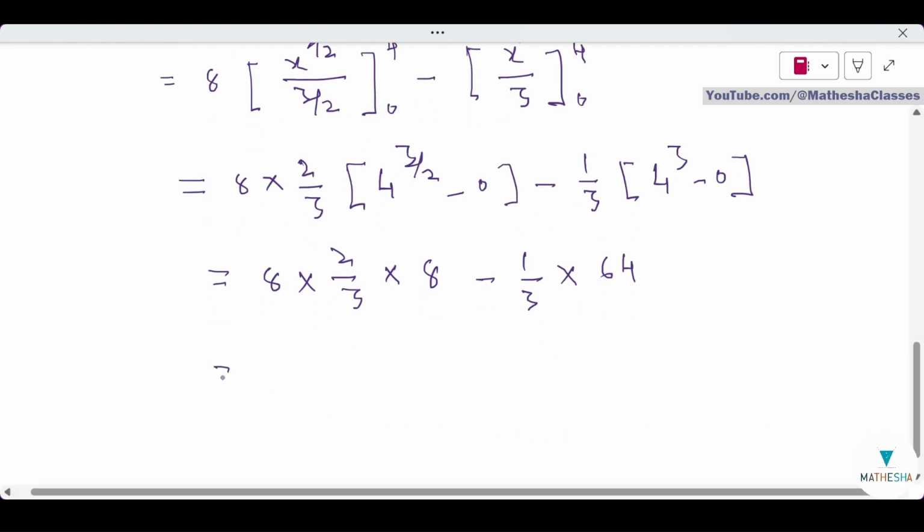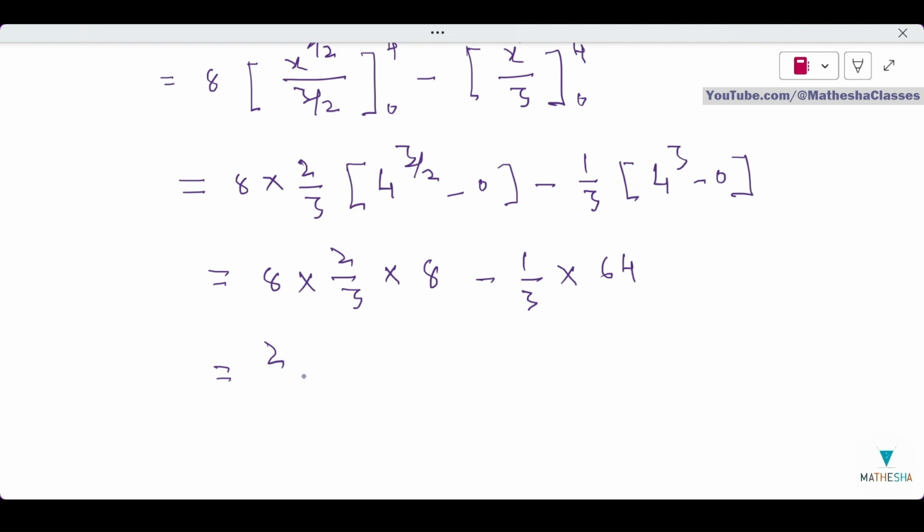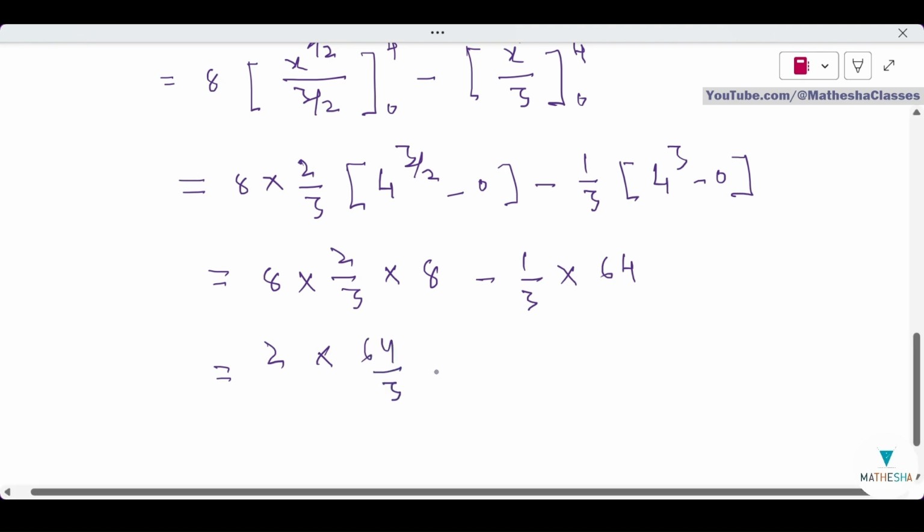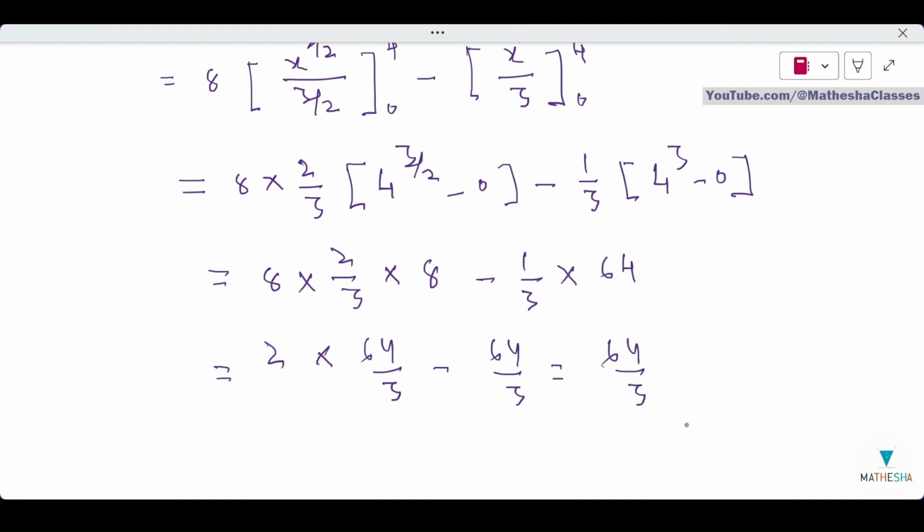So that is, if we take 2 out, then we'll be getting 2 times 64 upon 3, and the next term is just 64 upon 3. So this is 64 upon 3. So that is the value of E.